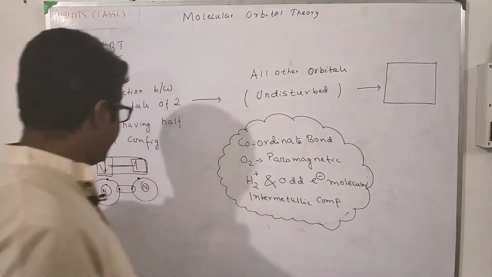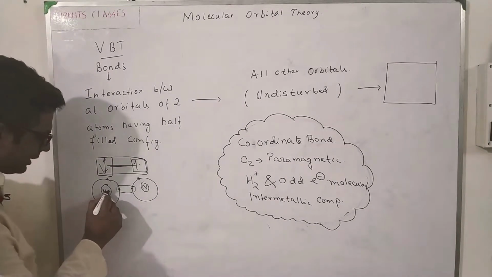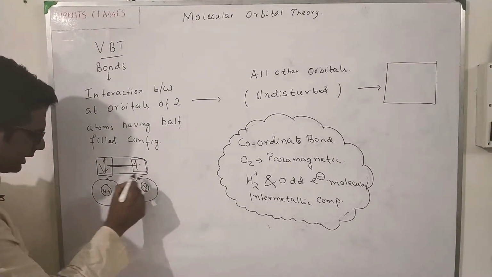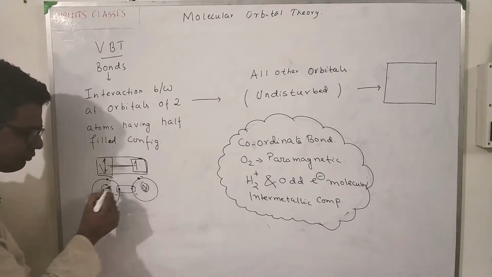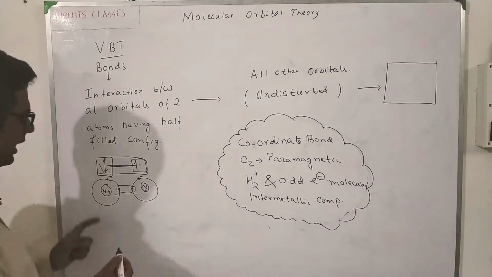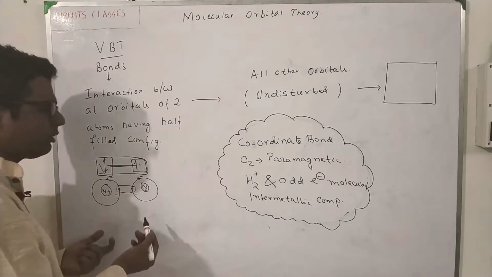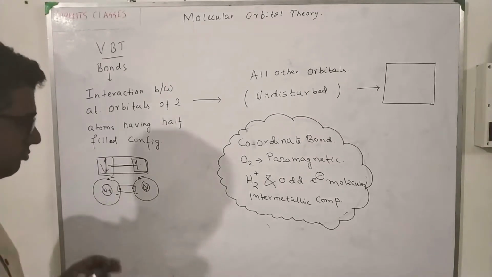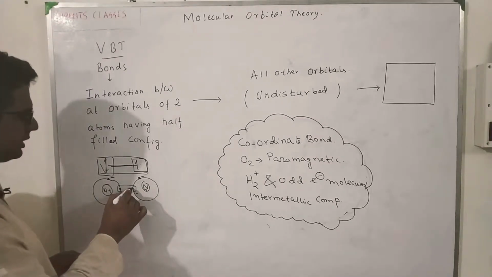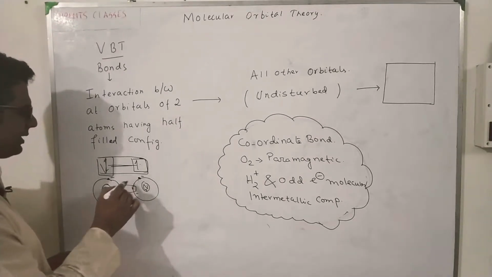But come on, let's see this. This is a positive charge, this is a positive charge, this is negative, this is negative. These two have formed a bond, and you mean to say that this bond formation will not have any effect on these electrons. That is quite impossible, because this electron and this electron must have some attraction.